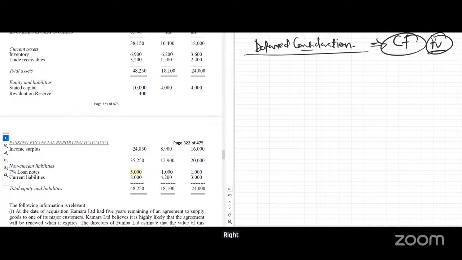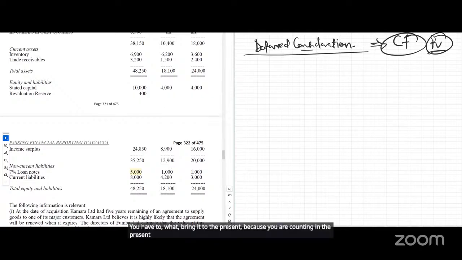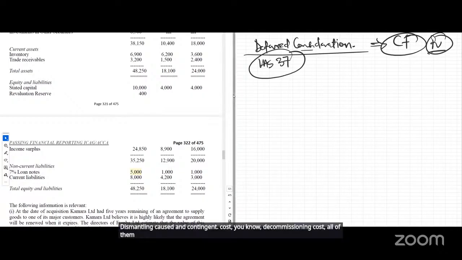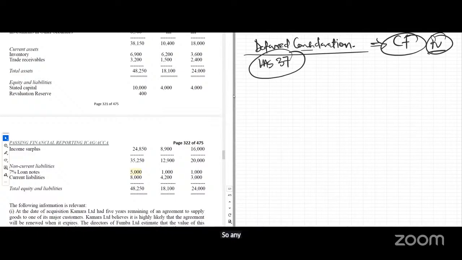Anything that is in the future, you have to bring to the present, because we are accounting in the present. Then we grow it with interest. This principle comes from IAS 37: dismantling cost, contingent cost, decommissioning cost, all of them follow the same idea.